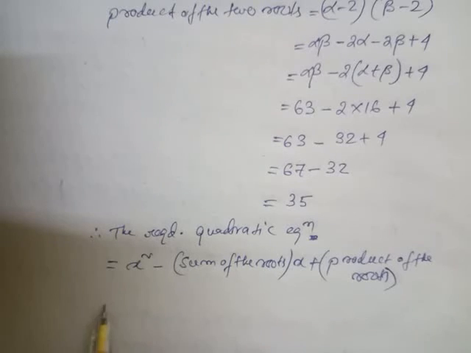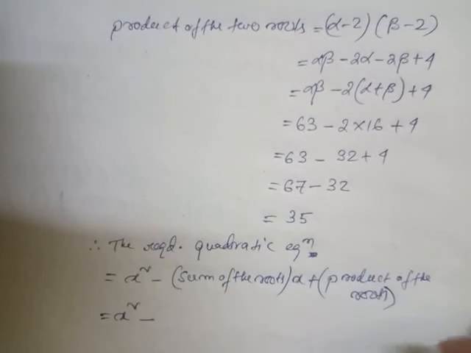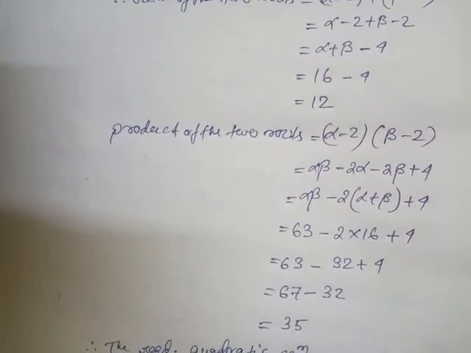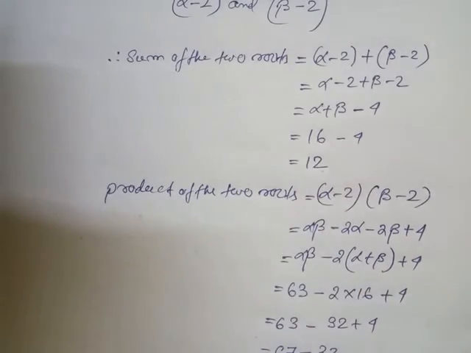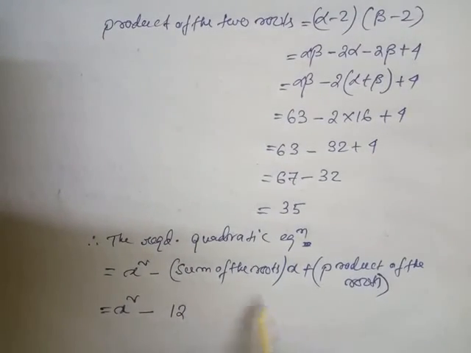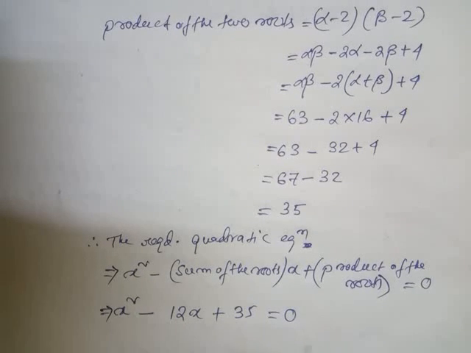The sum of the new roots is 12 and the product of the roots is 35. So we put directly 12x plus 35 equal to 0. This is the answer of the quadratic equation: x square minus 12x plus 35 equal to 0. This is the answer of the first question, 3011.